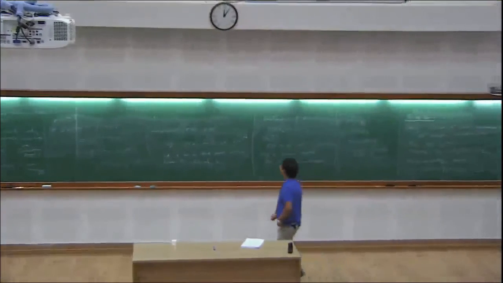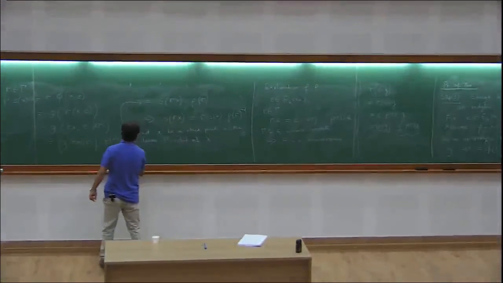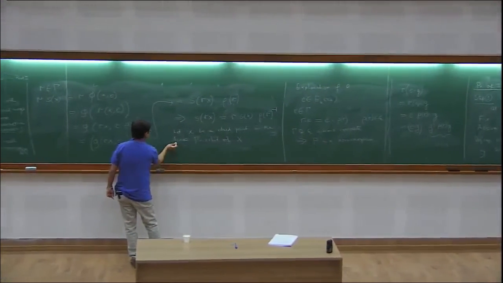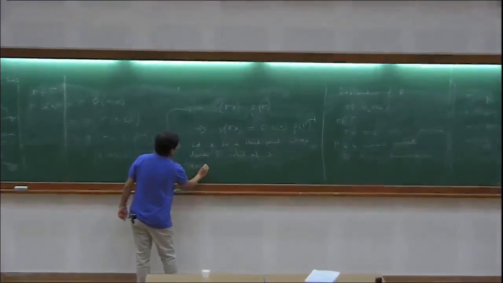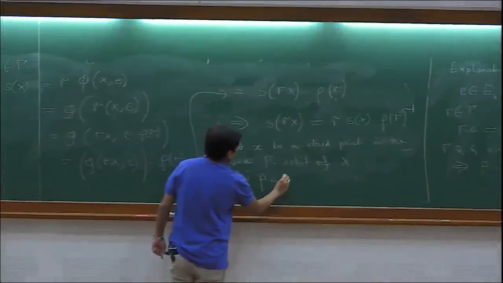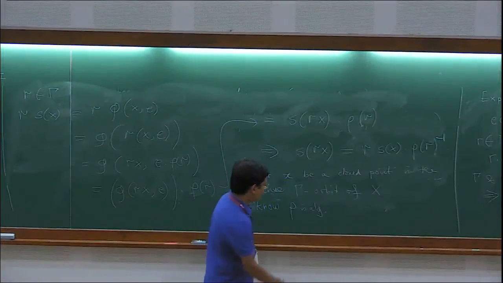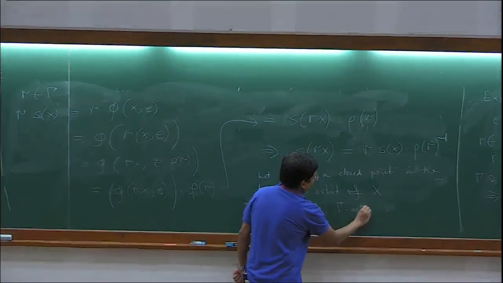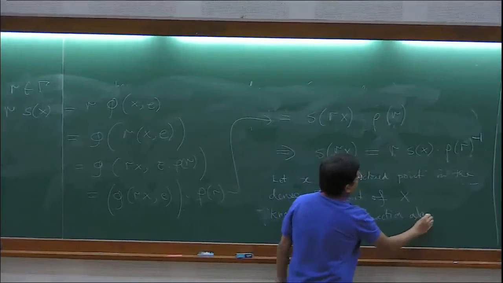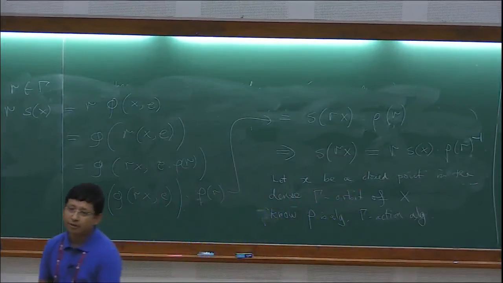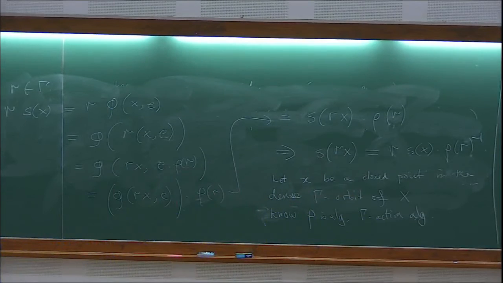So we know rho is algebraic. The action of gamma is algebraic. So gamma action is also algebraic. And so over the dense orbit, we have an algebraic section.